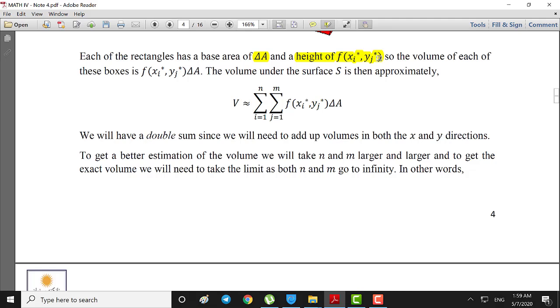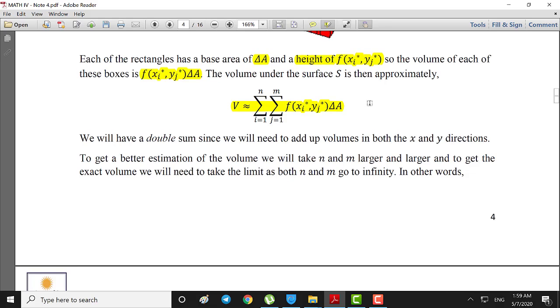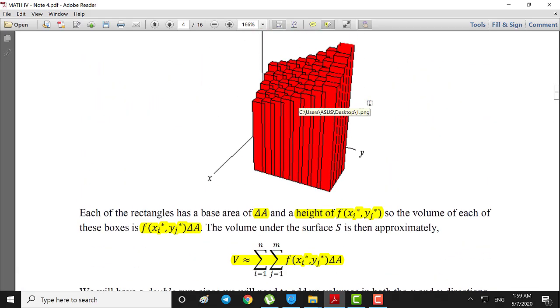So the volume of each of these boxes is f of xi star, yj star times delta A. Now, the volume under the surface S is going to be approximately equal to this double sigma, which is what? Which is the summation of the volumes of all these boxes that you see here.